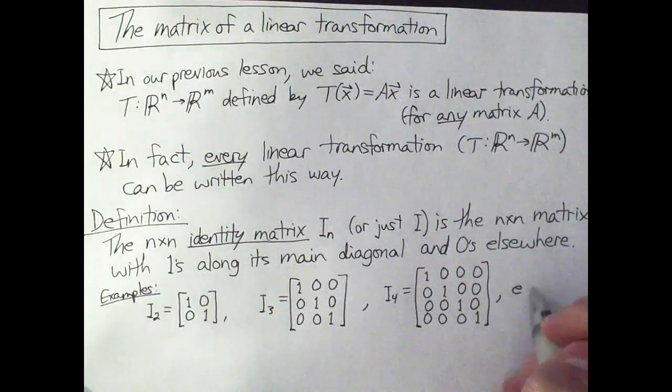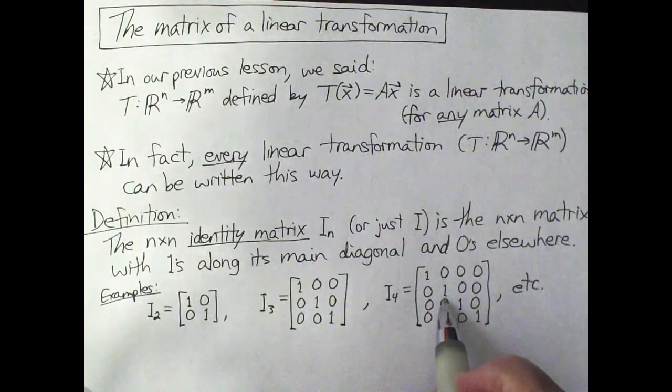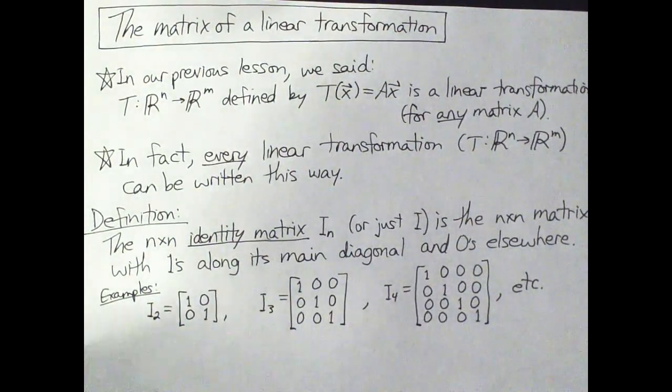I'll just say etc. You can see that the larger it gets, it's mostly zeros, except it has n entries that are ones, and everything else is going to be zeros.